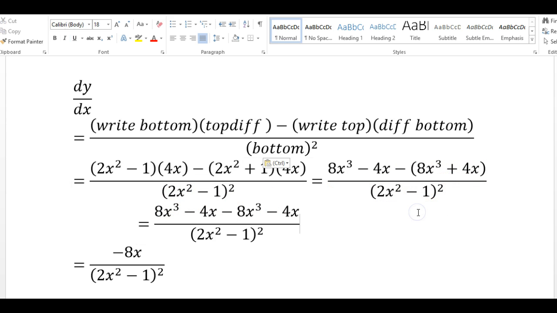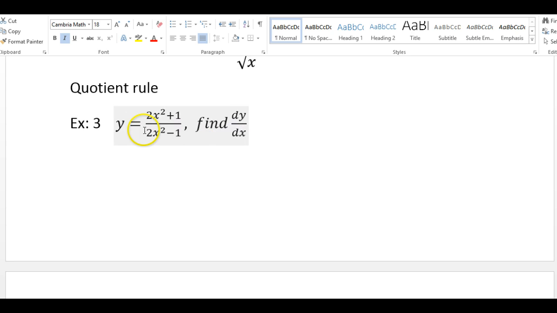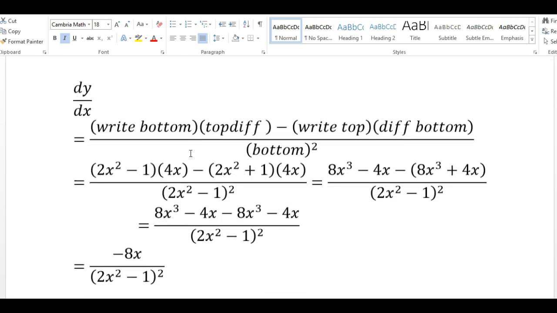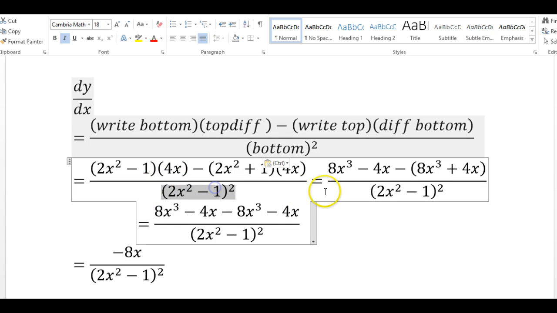And then 8x cubed minus 4x. Then you distribute the minus, you get minus 8x cubed, and when you distribute the minus again, you get minus 4x, divided by 2x squared minus 1 squared, because the bottom squared is there. The bottom is 2x squared minus 1, so that part will always be there. So when you distribute this out, this is what you get.